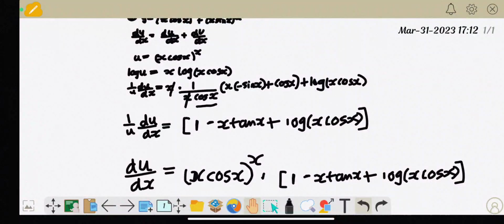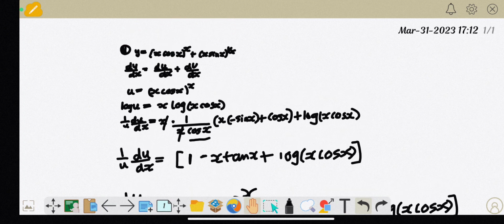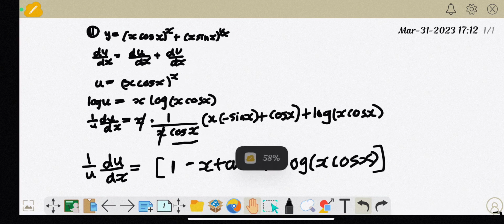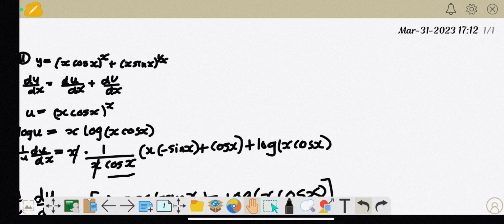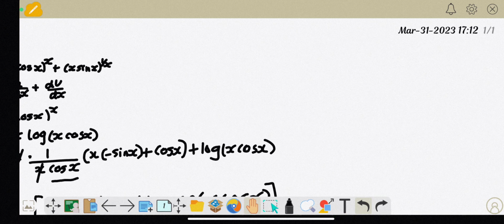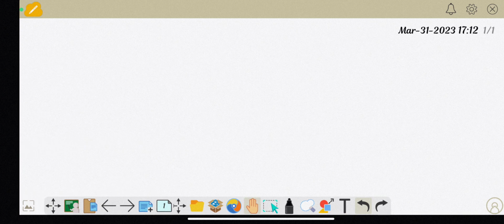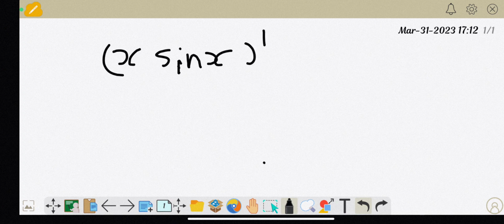So now similarly you have to find dv by dx. So what is v? X sin x to the power 1 by x.